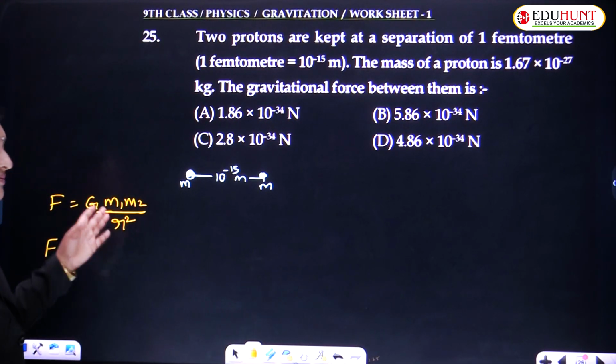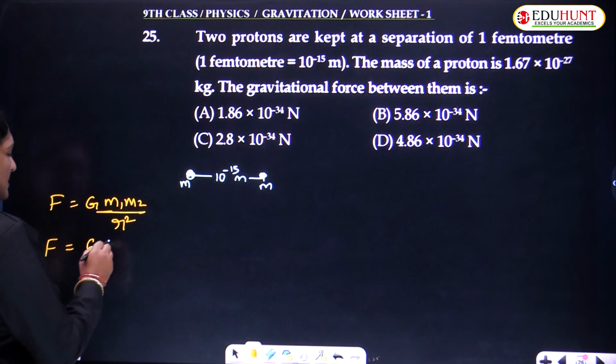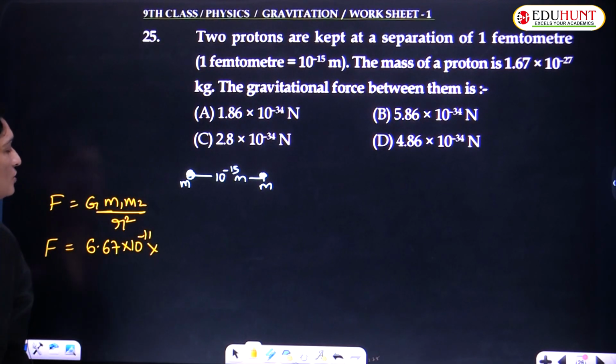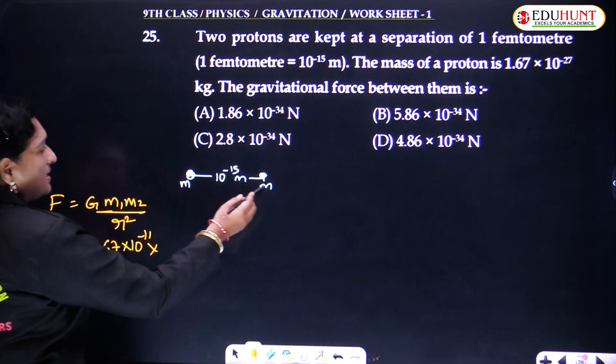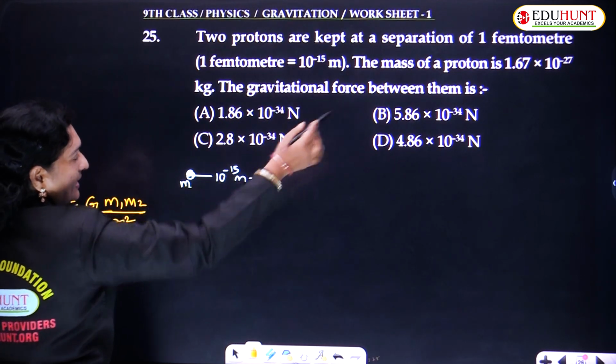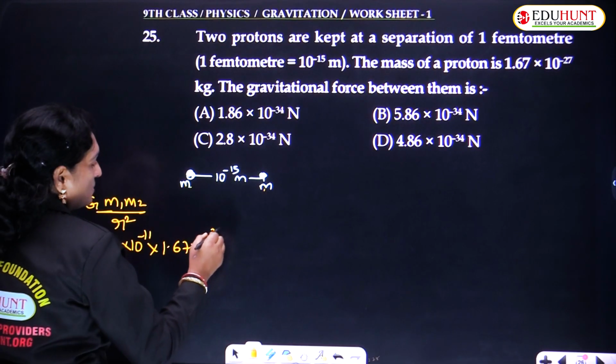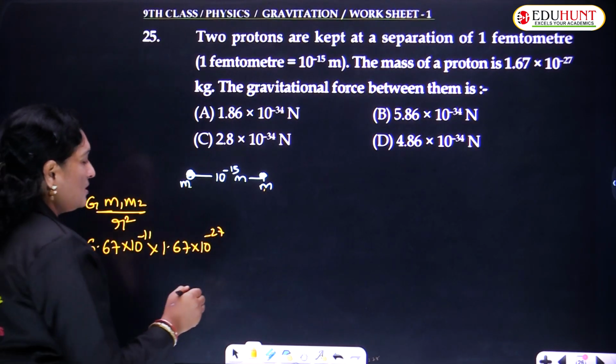Substituting the values, the value of G we remember as 6.67 into 10 power minus 11, into mass of the first body. Both have equal masses, and each mass was given as 1.67 into 10 power minus 27. M1 I substituted.